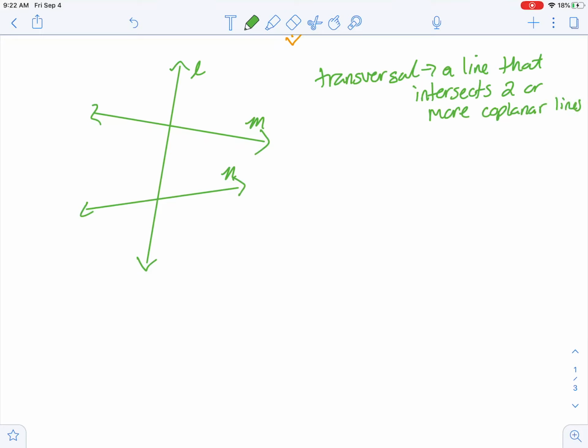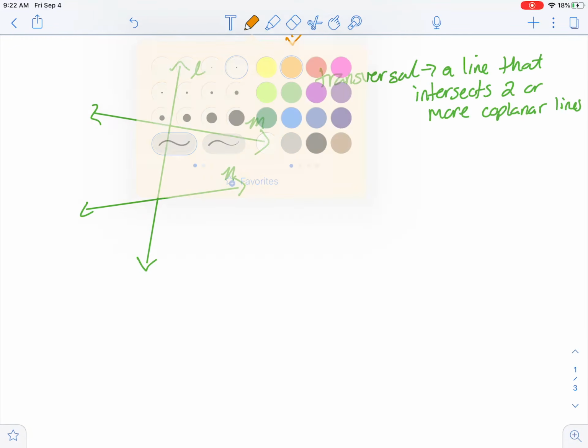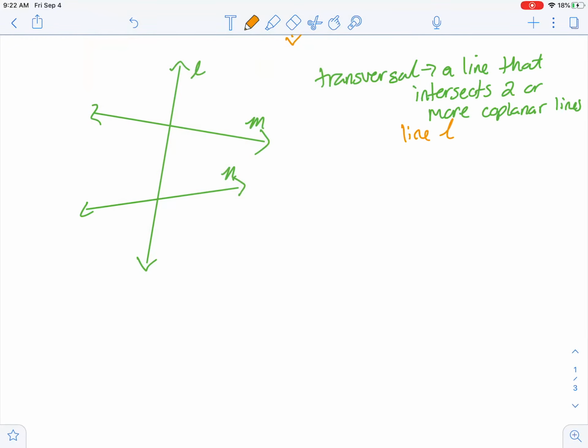Okay, so the transversal for this would be line L. Okay, it's intersecting line M and N.